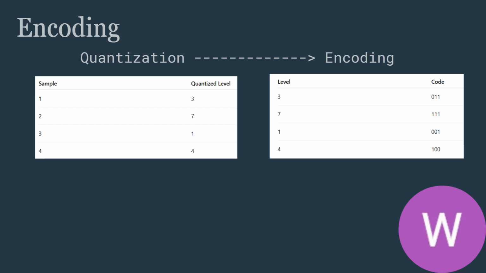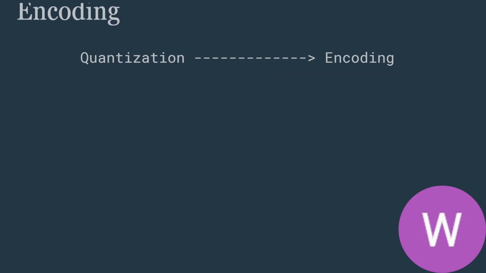After that, we need to change all these levels into codes in order for the digital systems to understand. So we need to decide how many bits we need to use. Let's say we use 3 bits, then the first level, level 0, will be 000, 3 bits. And the last level, which is level 7, will be 111, which is also 3 bits. So this is how encoding works.